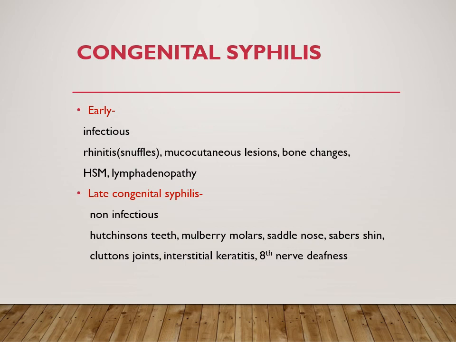In case of late congenital syphilis, the child is non-infectious and certain stigmata of syphilis will be left. That is Hutchinson's teeth, mulberry molars, saddle nose, Clutton's joints, interstitial keratitis, and eighth nerve deafness. These stigmata of syphilis are commonly asked, so these are very important manifestations.